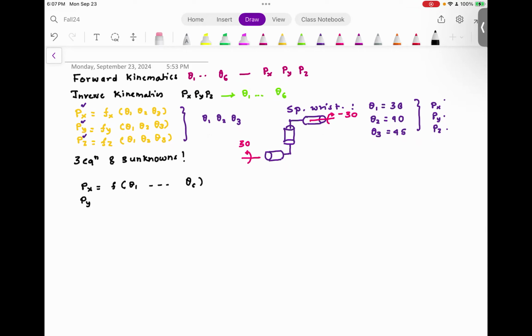Py is a function of theta 1 all the way to theta 6. Pz is a function of theta 1 all the way up to theta 6. In this case, you have three equations and six unknowns.